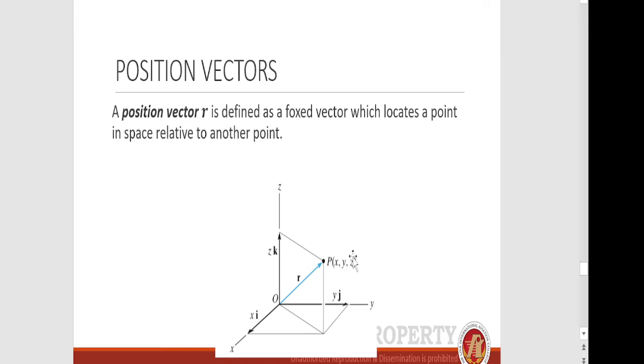So it will use the coordinates x, y, z, that is point P. Unit vectors: along x is i, along y is j, and along z is k. Then the resultant vector R is at a certain point P with the coordinates x, y, and z.